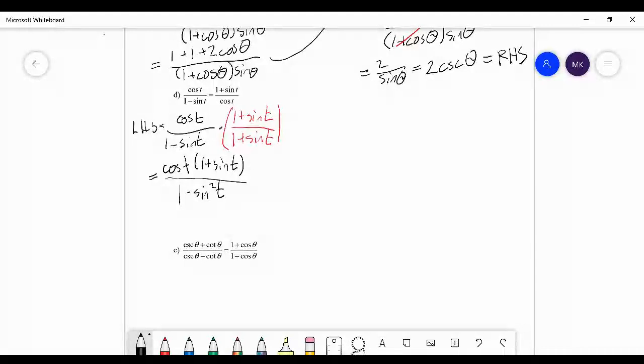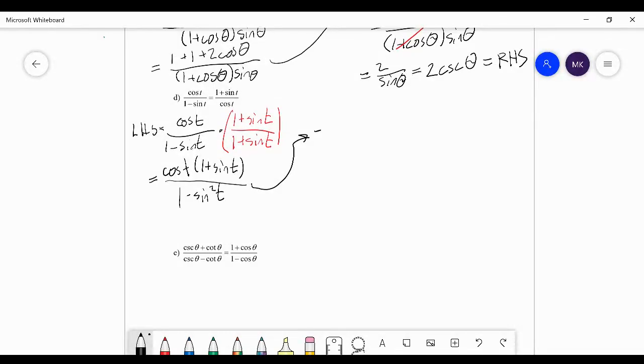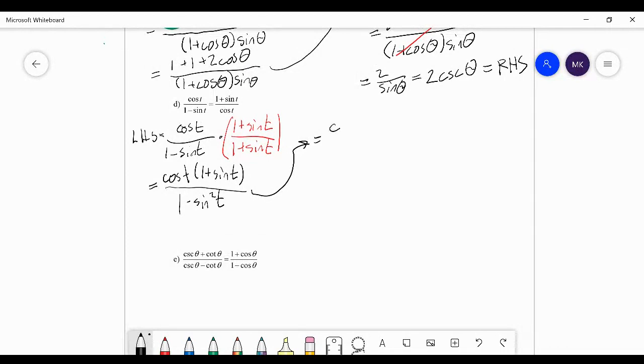Awesome. So now what? I have what I need over here. Well, what does that denominator look like? The denominator is 1 minus sine squared t, which is cosine squared t, because that's the Pythagorean identity. So I end up with cosine t times 1 plus sine t over cosine squared t.